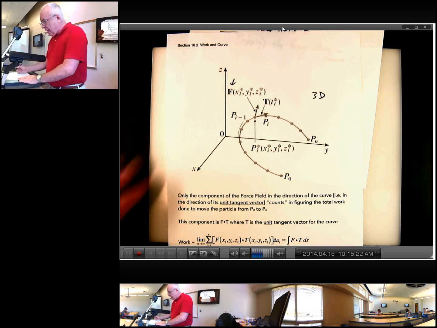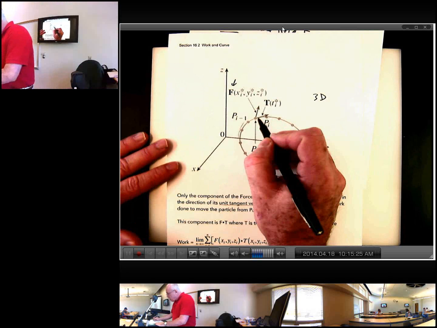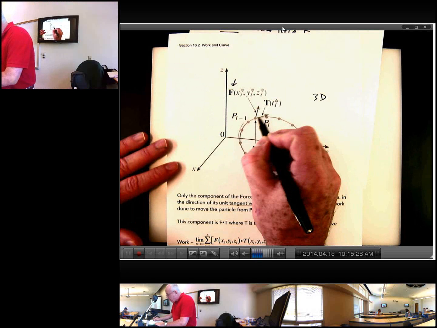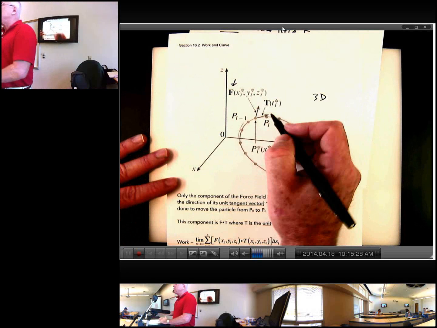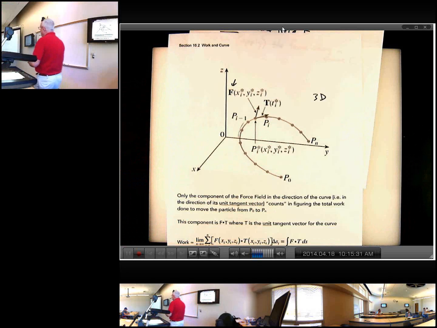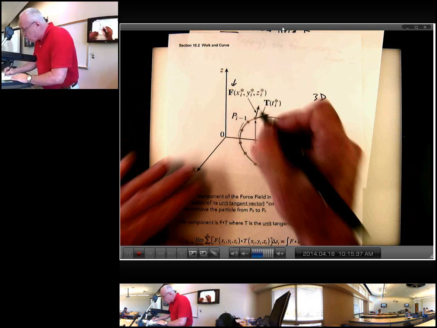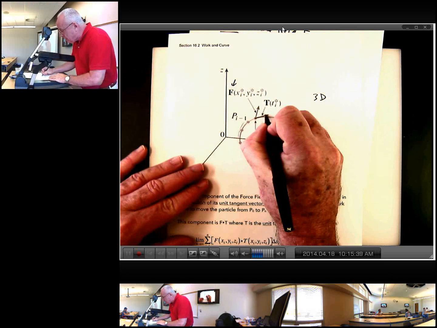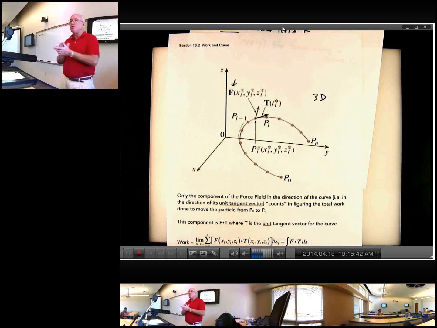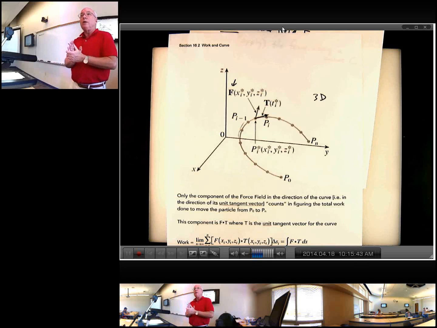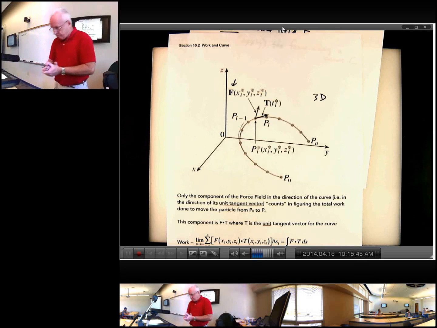So what vector does move in the direction of the line? It's the tangent vector. The tangent vector moves right there in the direction of the line. That's where it points, showing what direction we're headed in.